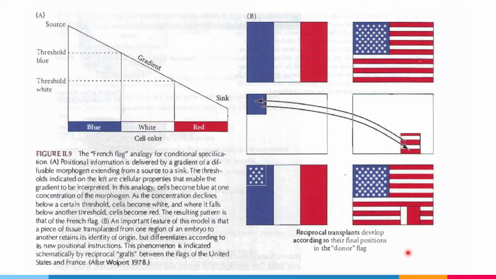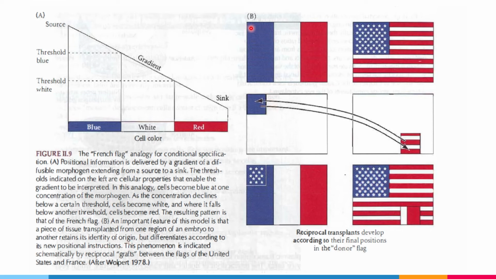So this is exactly what the French flag model tells us. An important feature of the model is that a piece of tissue transplanted from one region of an embryo to another retains its identity of origin.